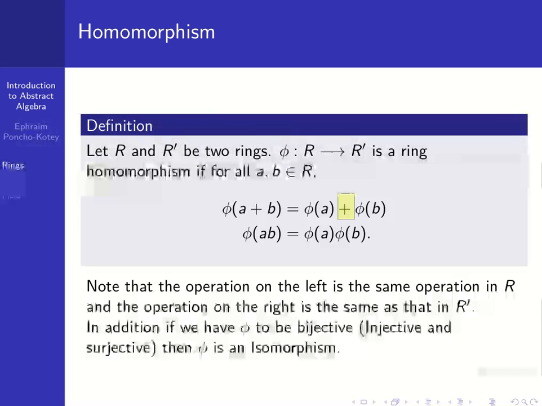Here we have two operations, addition and multiplication. So if phi of a plus b is the same as phi of a plus phi of b, and phi of ab is the same as phi of a times phi of b, then we say phi is a homomorphism. And note, if phi is also injective and surjective, meaning it is bijective, then we can say phi is an isomorphism.